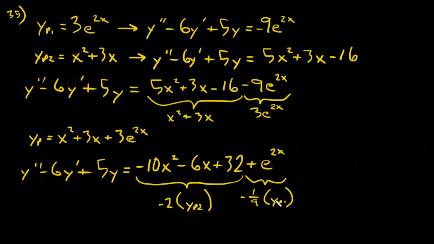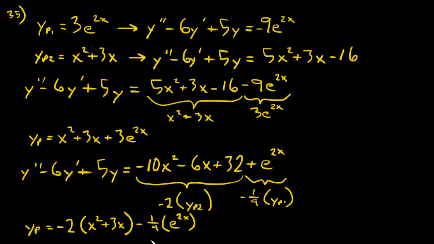So what do I wind up with? Well, that means my y sub p is going to equal negative 2 times my particular solution, right here, so negative 2 times x squared plus 3x, and then minus 1/9 times e to the 2x, like that.